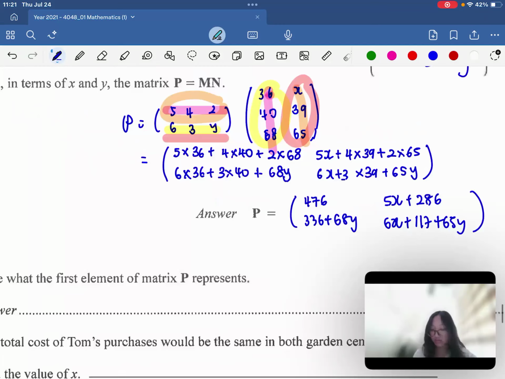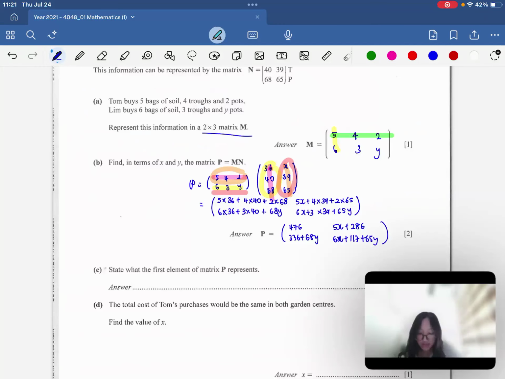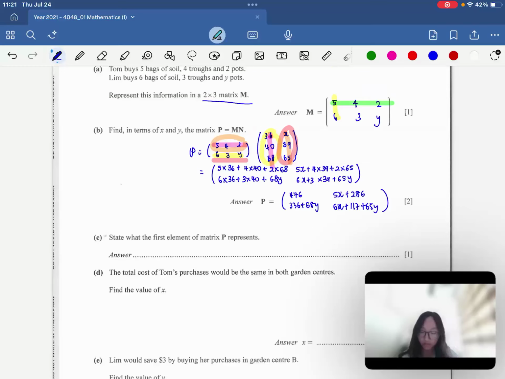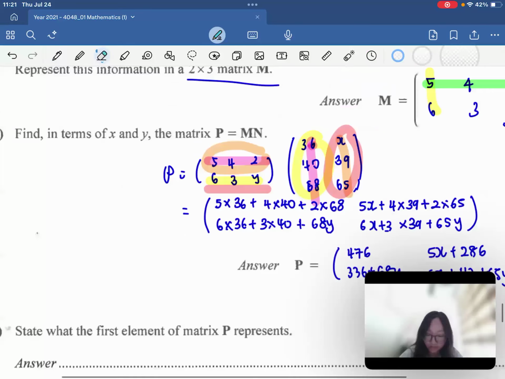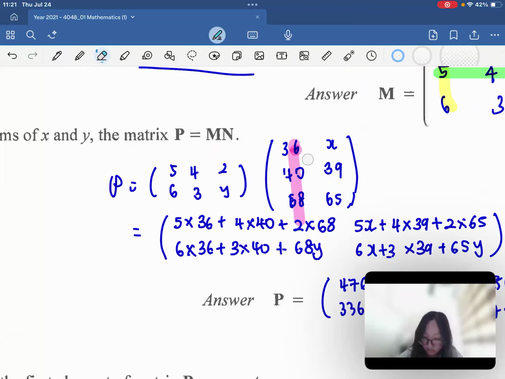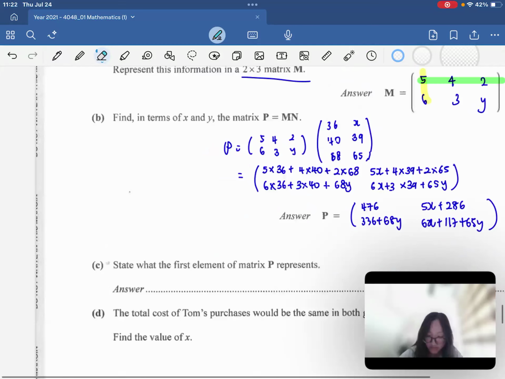Okay, so now question 1 says, for part C, what's the first element of matrix P? So for matrix P, we need to think about the first element, right? Like what are we multiplying? So multiplying this part, let me just erase these. Oops, sorry. Make it neater. Okay, so for the first element of matrix P, we are multiplying by these two.